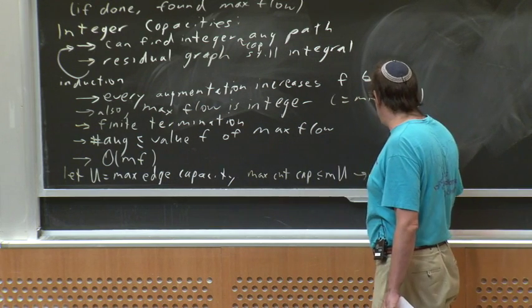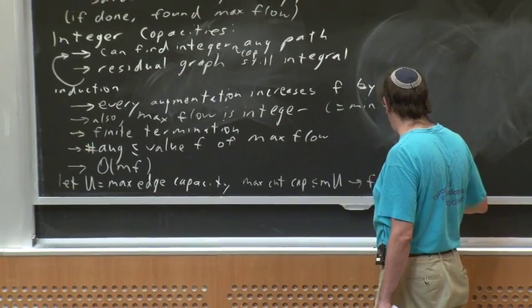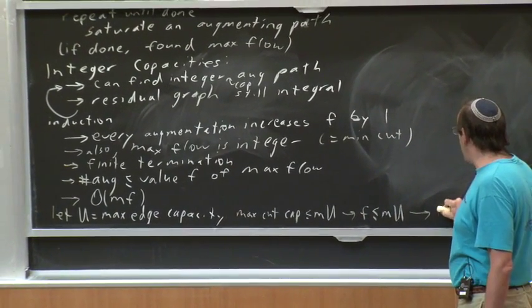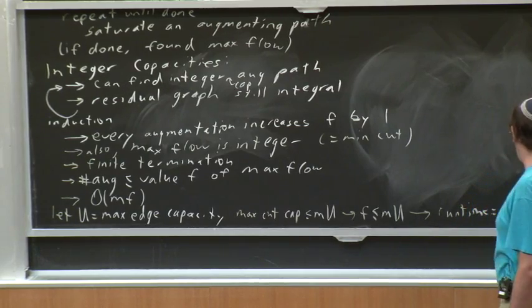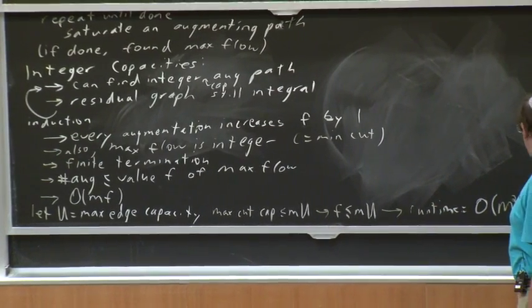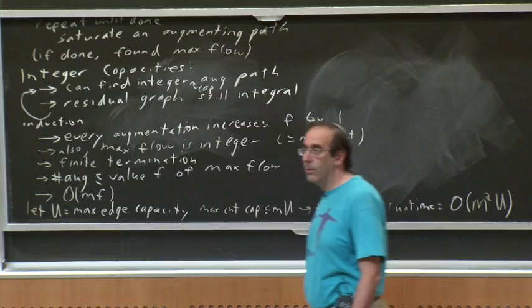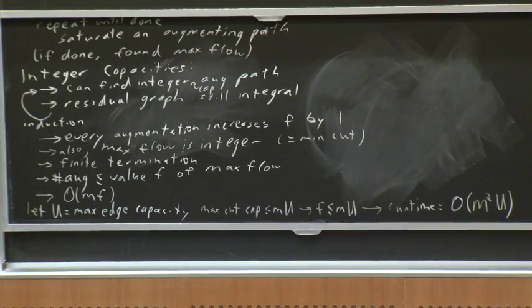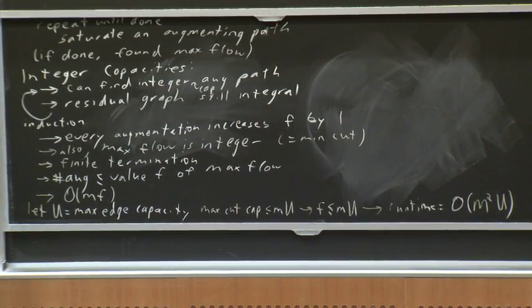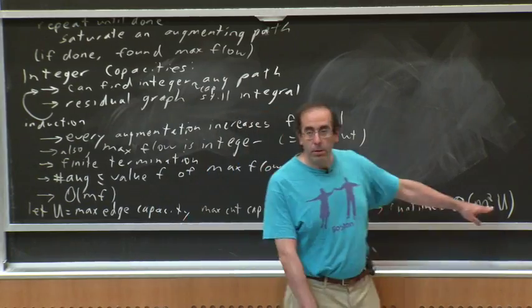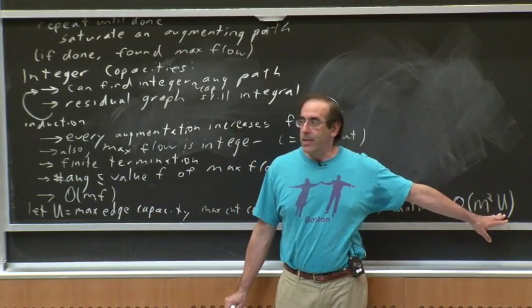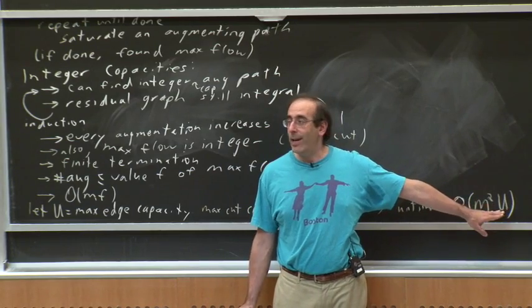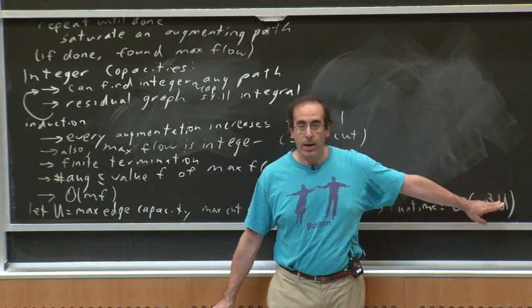So the maximum flow value is at most m times U, which implies that our runtime is order of m squared times capital U. Okay. This is, of course, a much sloppier bound than order m times f, but it's a simply stated bound in terms of the quantities we have at hand at the beginning of running the algorithm.